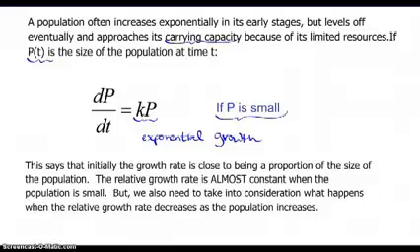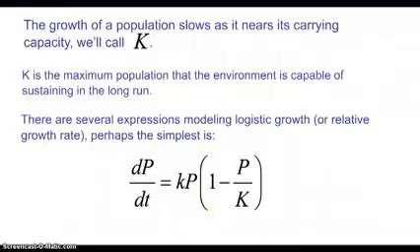But we also need to take into consideration what happens when the relative growth rate decreases as the population increases. The growth of a population slows as it nears its carrying capacity.